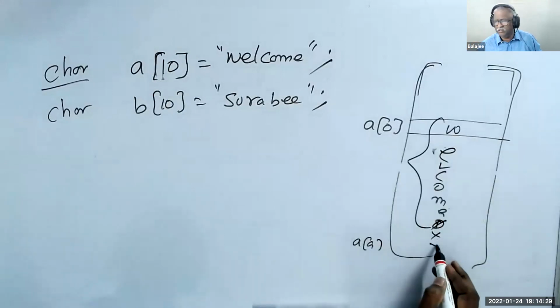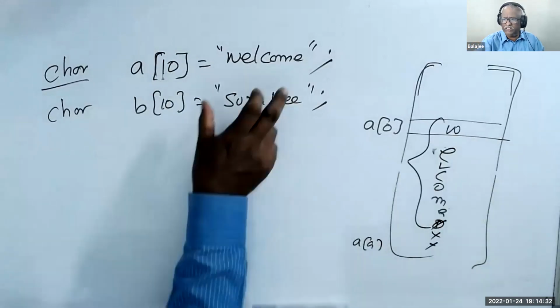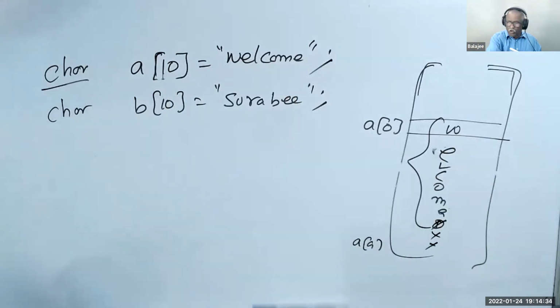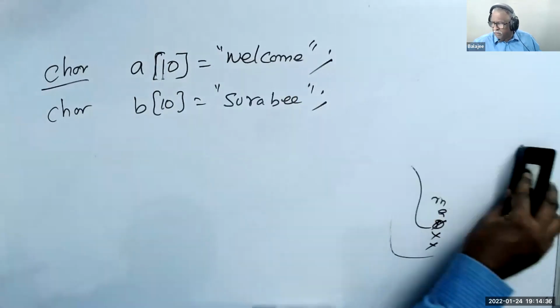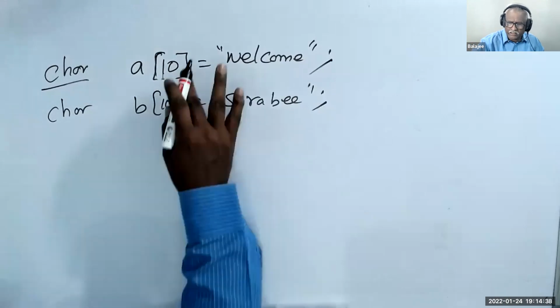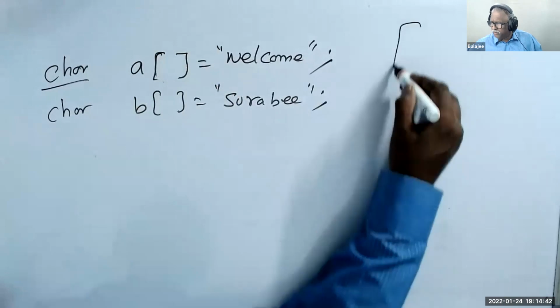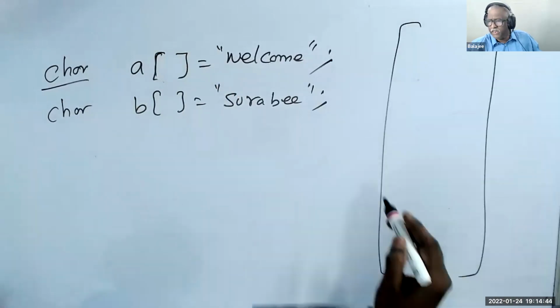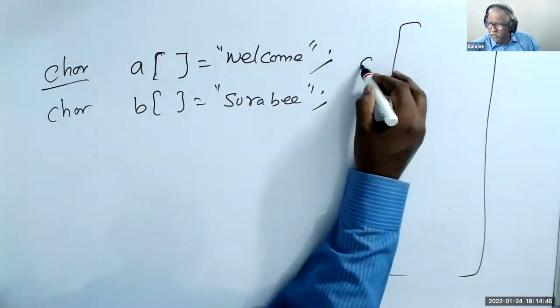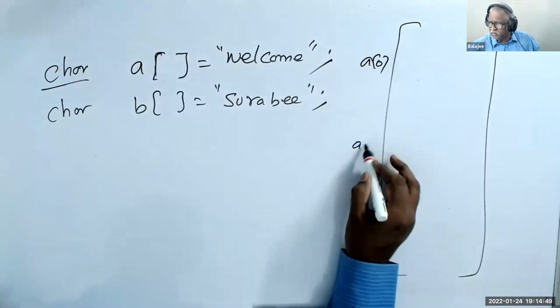The other things, 8 and 9, are junk, because you have given only 7. So now I'll tell you what happened. The first line, let us remove this. Now you say A of 0 to A of 7.